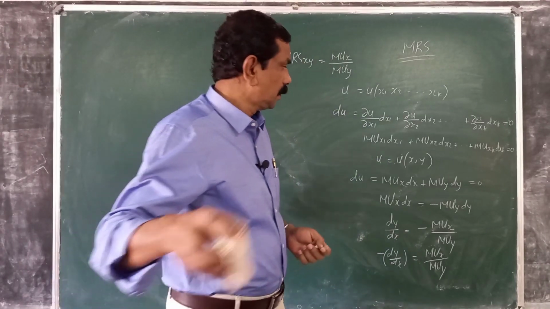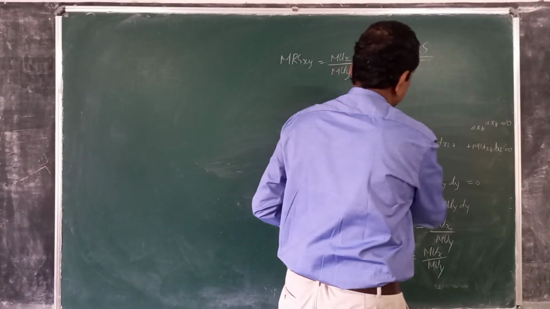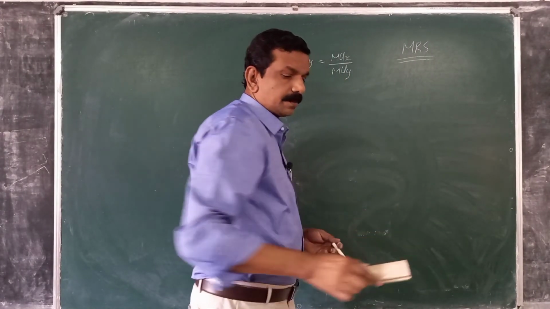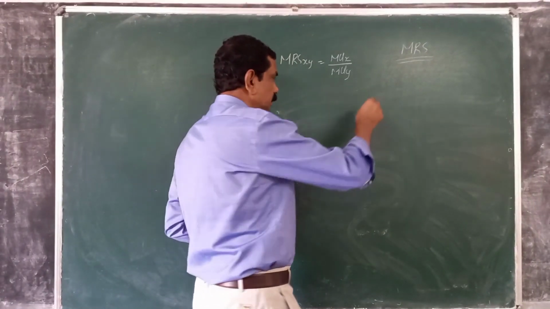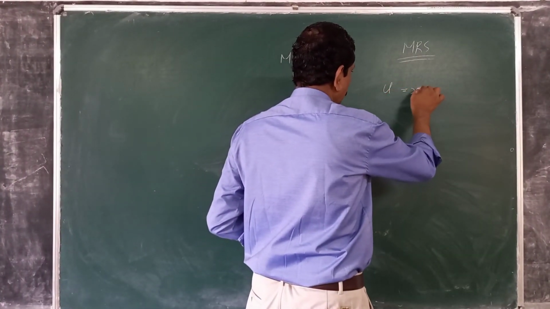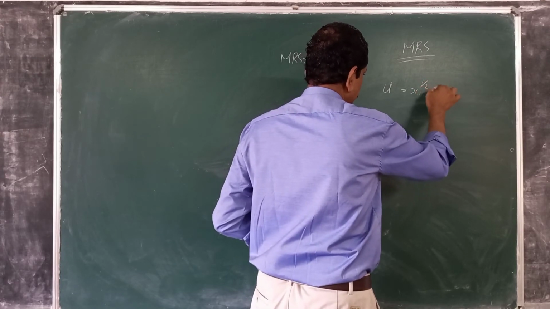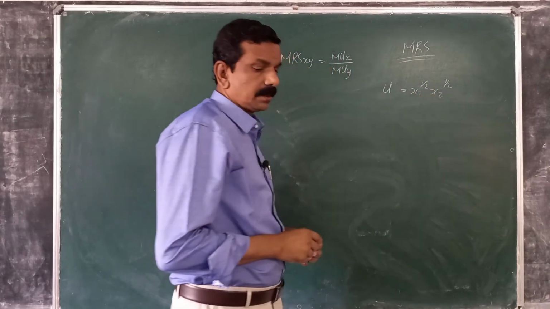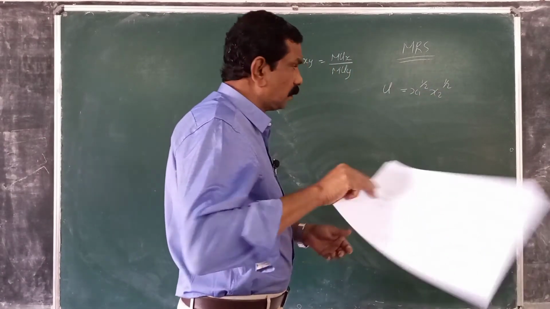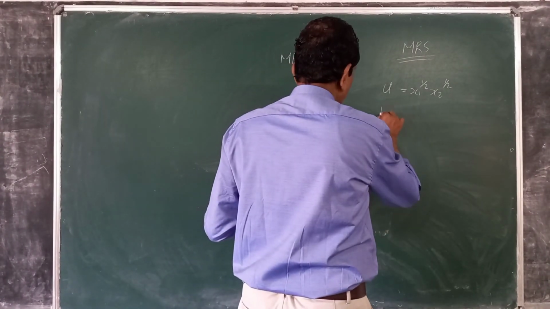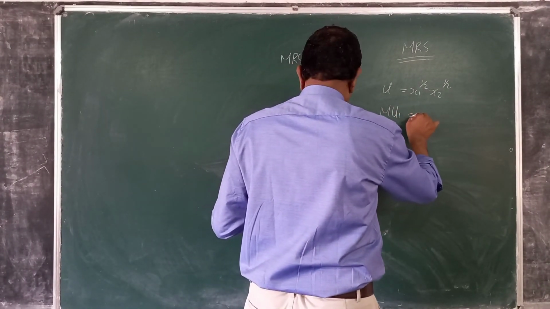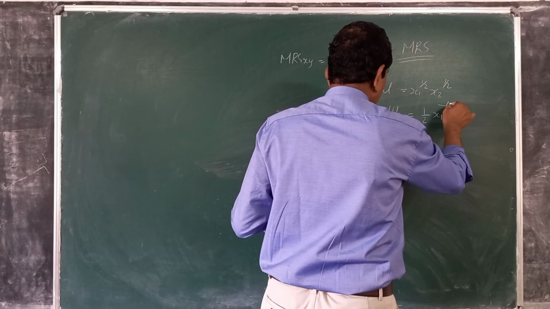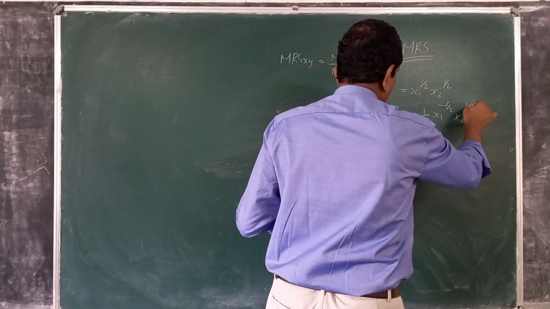Now, let us consider a concrete example to explain what is MRS xy. Suppose that u is given as x1 raised to half, x2 raised to half; instead of x, y, I simply take it as x1, x2. Now, MU1 is equal to 1 by 2 x1 raised to minus half, x2 raised to half.